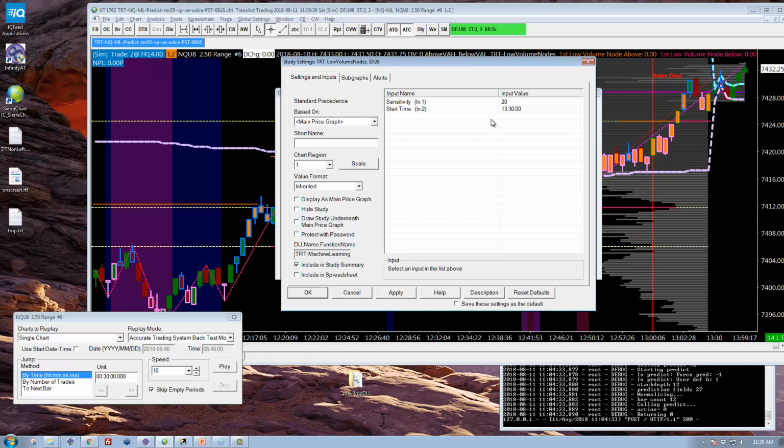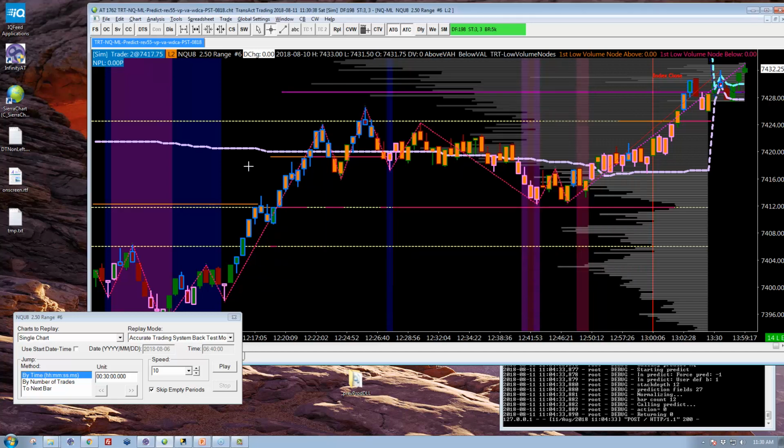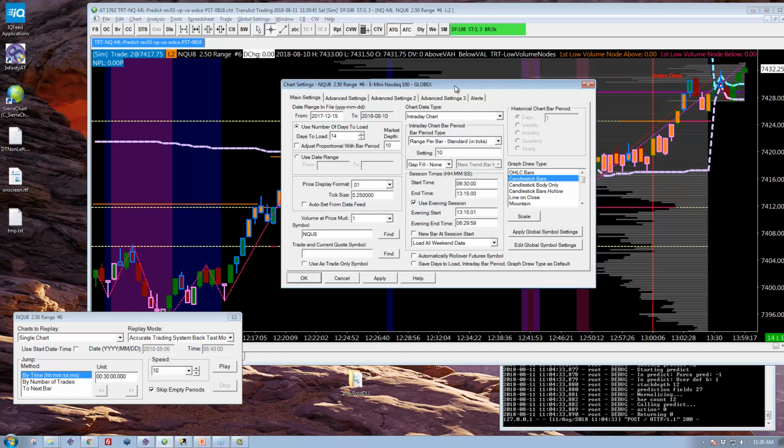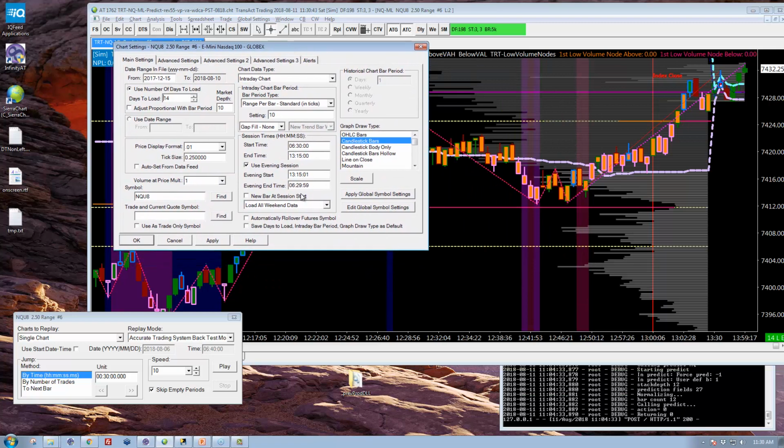So if you go look at your chart settings, the evening start is, I have 13:15:01, but really the evening start is 13:30. We don't start trading until 13:30, 1:30 Pacific, 4:30 Eastern. So that's why that says 13:30 in the low volume settings, or the TRT low volume node.